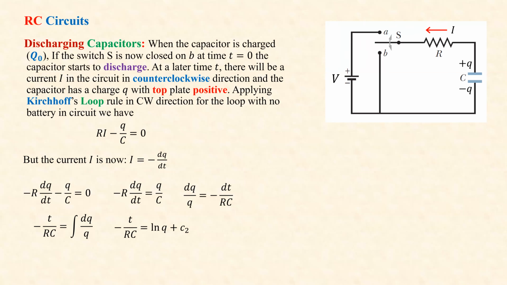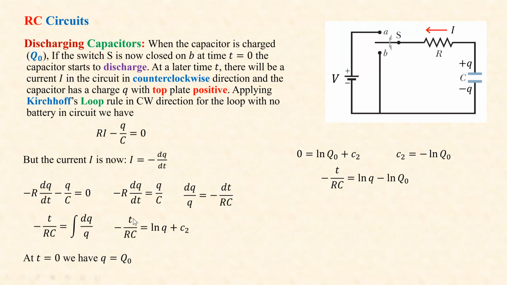C2 is again determined by the initial condition, which is when t equals 0, we have Q equal to Q naught. So we put t equal to 0 and Q equal to Q naught, and then we find C2. So 0 equals ln of Q naught plus C2, so C2 should be negative ln of Q naught. And then we put it back in the equation here.